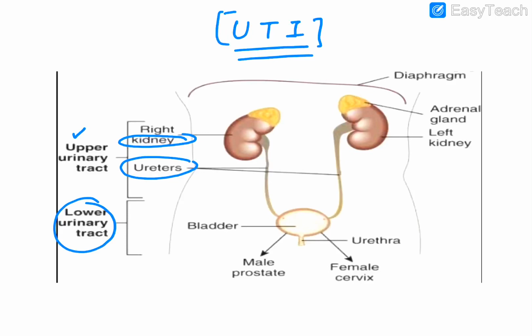So guys, remember this particular picture first. These are all the important ones by which you can understand what is termed upper urinary tract and what is termed lower urinary tract.